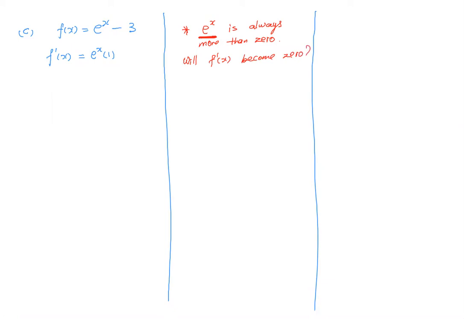Will or not? Hello, please answer me. No. So the answer is no. So this implies there isn't a stationary point, correct? Yep.